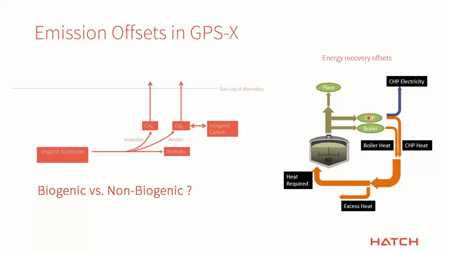And the other part is the CHP, where we are producing both heat and electricity. When we are producing electricity, we can have a reasonable amount of credits or offsets that can make the carbon footprint of an anaerobic digester almost zero or even negative. So we are going to show you some of those examples here.